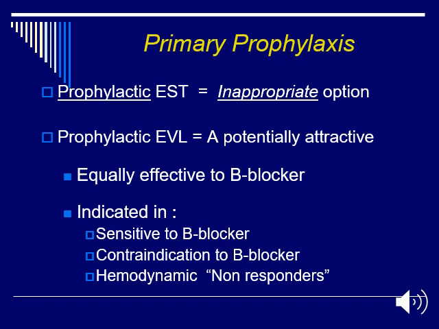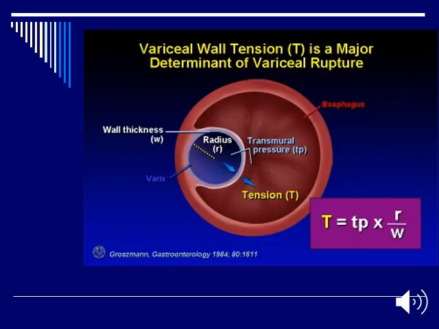What about if the patient is sensitive to beta blocker, or has a contraindication to beta blocker, or is not a hemodynamic responder? Then you will go for variceal ligation. The bleeding, of course, depends on the size of the varix.